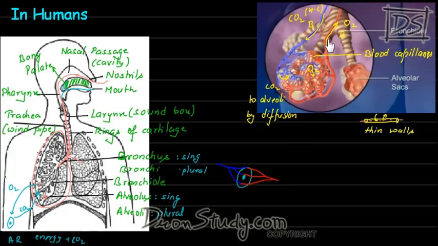Now see students, the blood that comes out with oxygen will go to different parts of the body. So it will come over here. It will bring oxygen with it. You may understand what will happen. This oxygen will get diffused through the capillaries to the cells. So the cell gets oxygen. And because aerobic respiration is taking place in the cell, carbon dioxide is being produced, and that will be in a lot of amount.